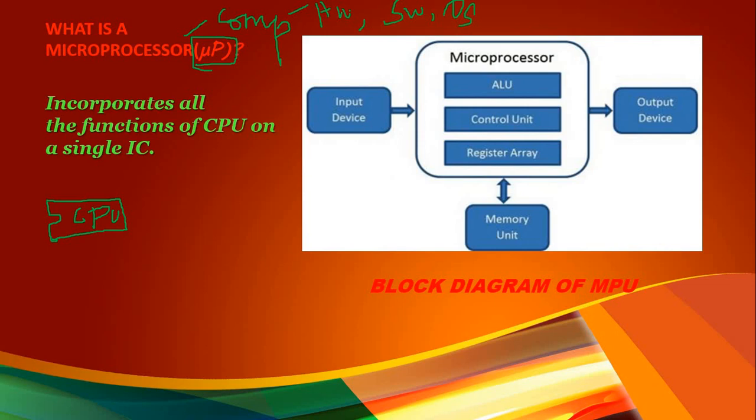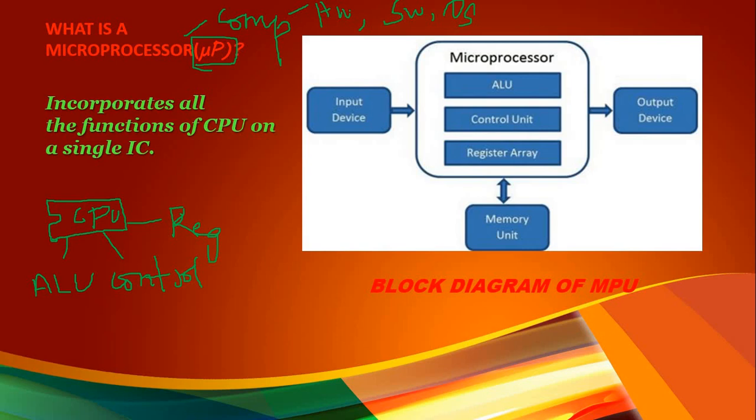What are the functions a CPU performs? A CPU mainly performs mathematical operations, that is the ALU function, it controls the signals, and it stores data in registers. These are the basic functions of a CPU.